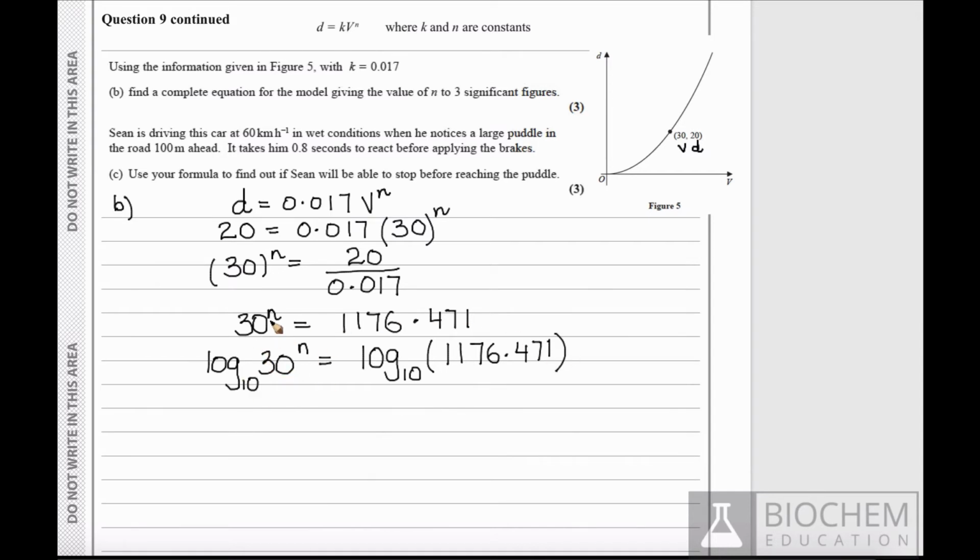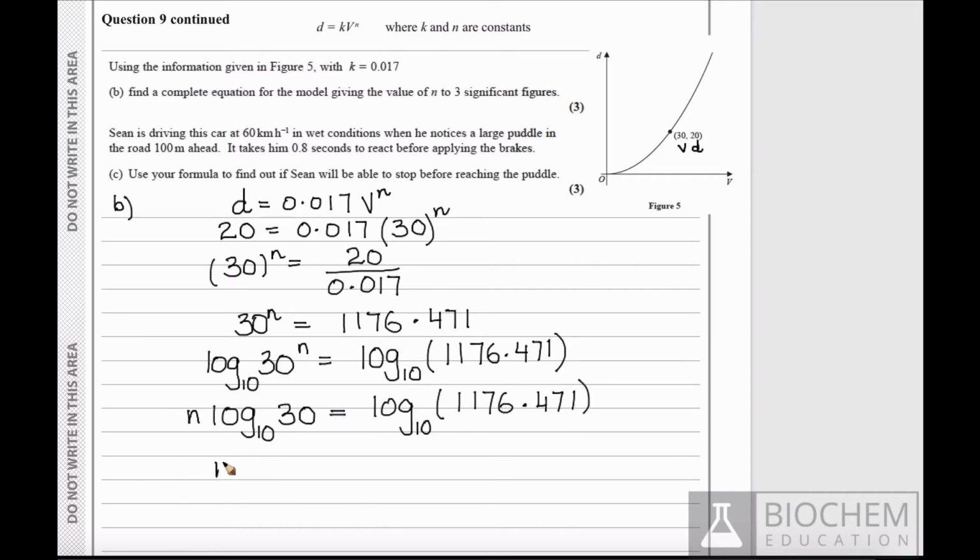Now, to the left-hand side, I can apply the power rule, whereby I can bring the n in front and I can write this as n times log to the base 10 of 30 equals log to the base 10 of 1176.471.